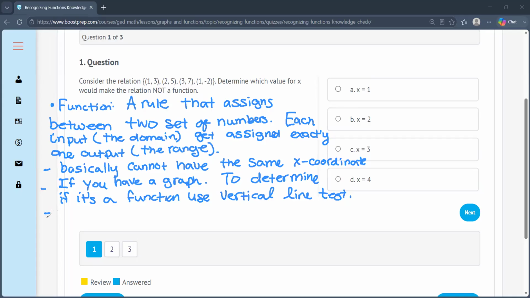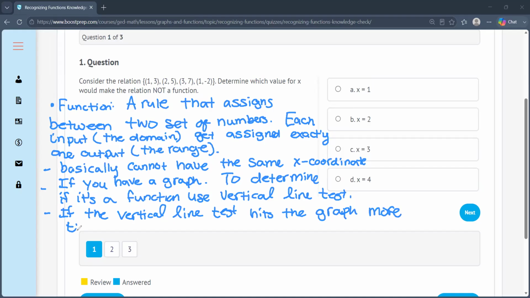If it only hits the graph once, then it's a function. So if it hits it more than once, then it fails.